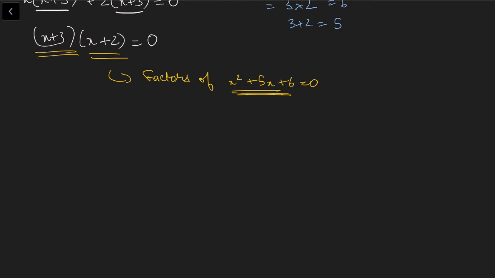Now when you say the root or the solution of x, we mean that for what value of x. So roots or solutions of x is basically for what value of x is the equation equal to 0.